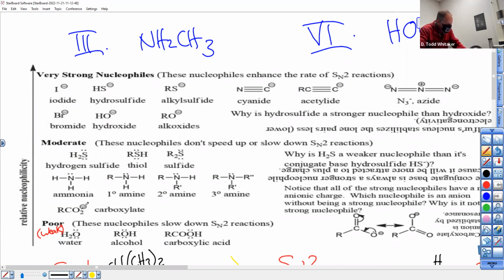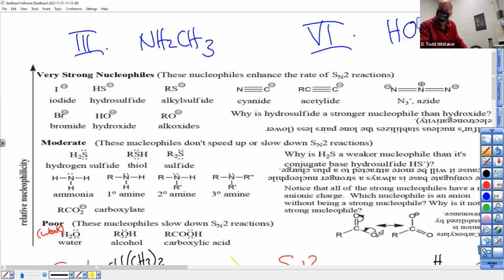The moderate RCO2 minus carboxylate is an anion that's not as reactive as any of these because it's doing this. It's resonating. That means the anion is not stuck on this oxygen. That means the oxygen's less reactive. It's spending less time with a minus charge. You would be less reactive if you were spending less time with a minus charge as well.